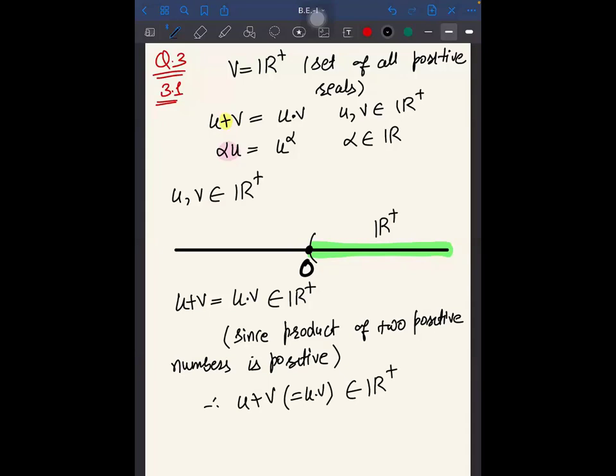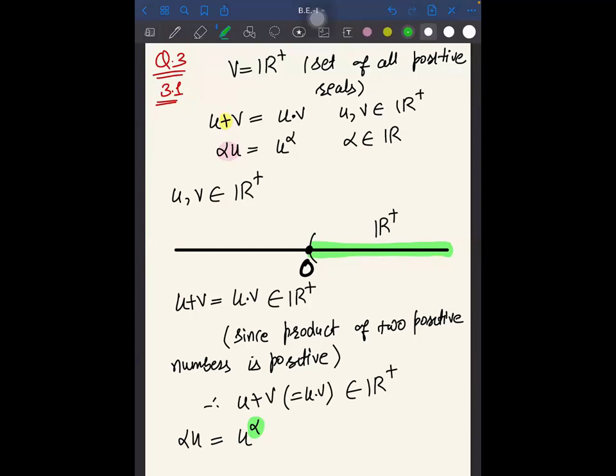Now we want to check whether scalar multiplication also satisfies this law or not. If you take alpha u, this time alpha u has been defined as u raised to power alpha. No matter if you take even a negative value of alpha, a negative power will indicate the reciprocal of a positive number, and the reciprocal of a positive number will always be positive.